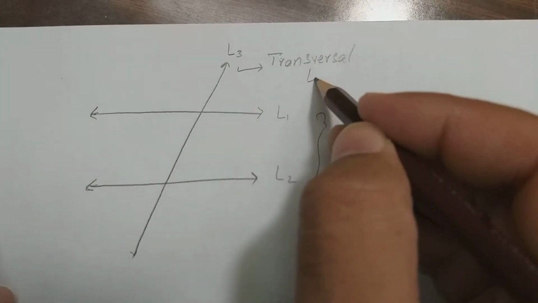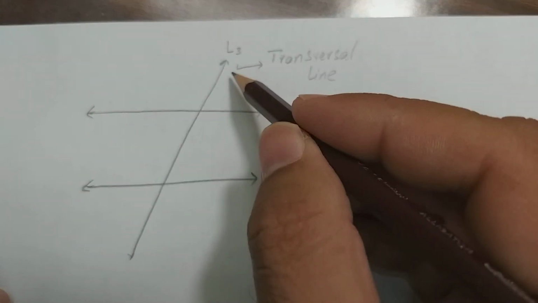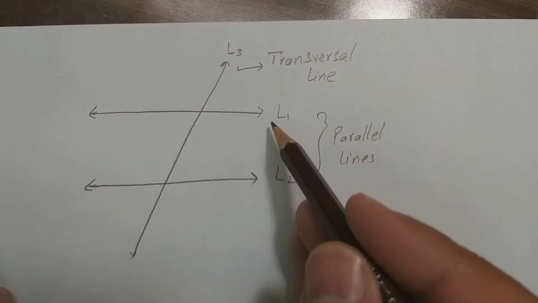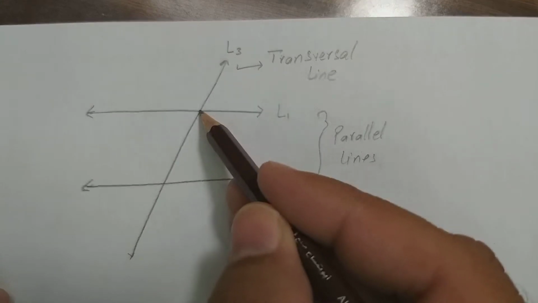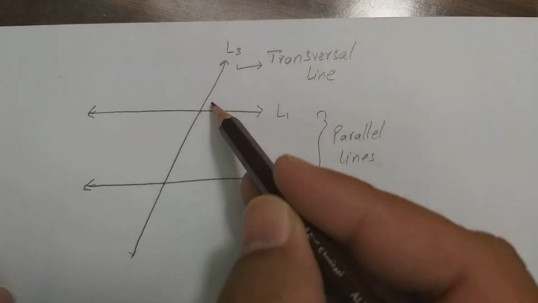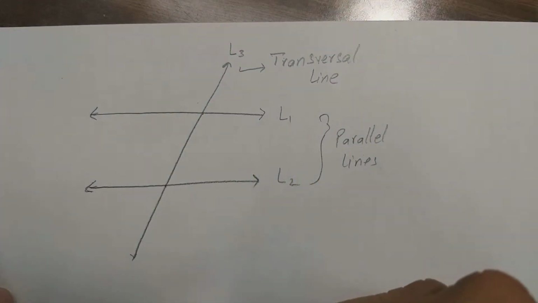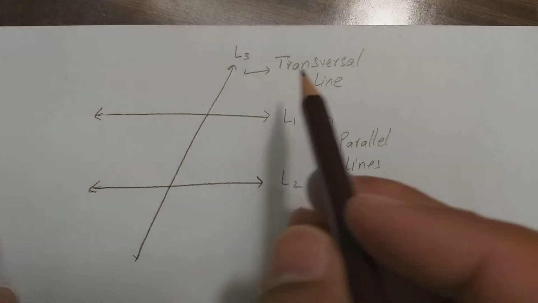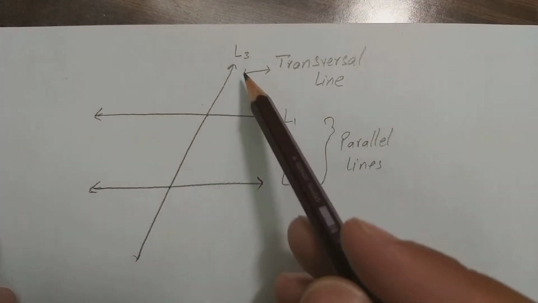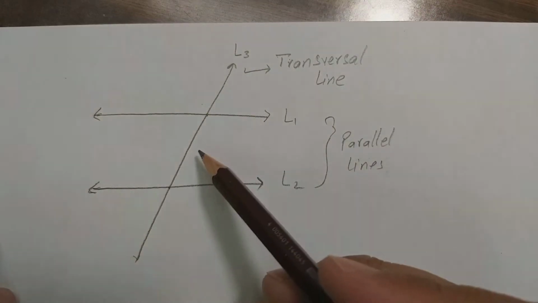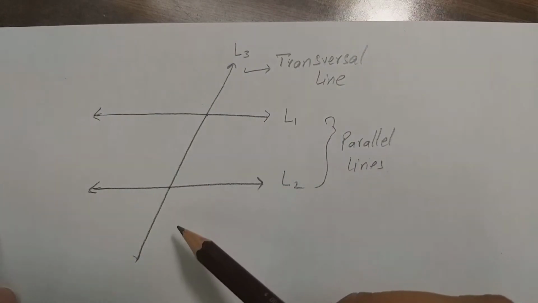It's a transversal line because it transverses these two lines at two points and it makes some angles. So let's see what angles the transversal makes and what properties they have.